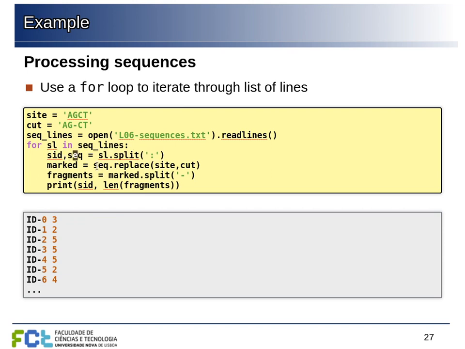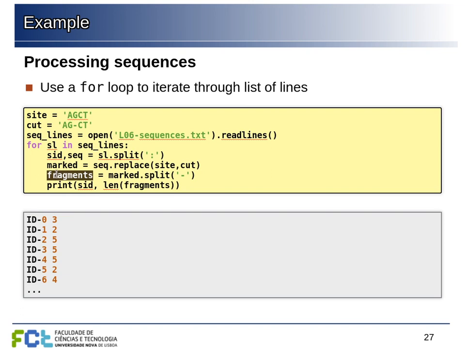Now we're going to replace on the sequence the recognition site of the enzyme with this string that marks the cutting point, so that then we can cut it, split it on the dash sign, and print for each of these sequences the identifier and how many fragments we have. So how many fragments will be the length of this list.